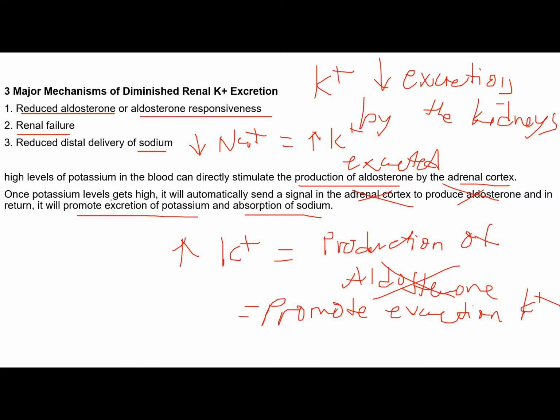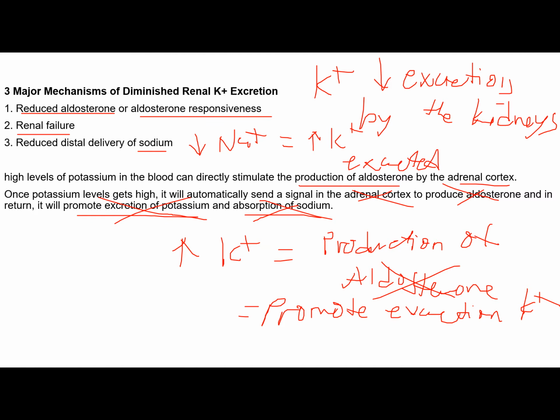And when that happens, class, it cannot promote the excretion of potassium. Our body cannot excrete potassium and cannot absorb sodium. So that's the relationship of aldosterone. So let me repeat, class: when your potassium is high, aldosterone will be produced. Aldosterone would promote the excretion of potassium and absorption of sodium.